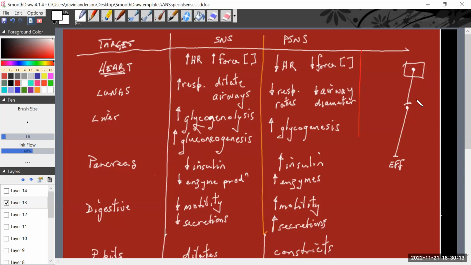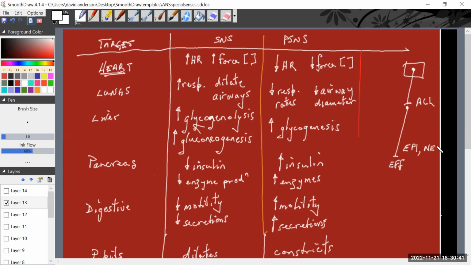So the neurotransmitter between the first and the second neuron in the pathway is the one we're already familiar with, acetylcholine. But the neurotransmitter that is going to activate the effector in the sympathetic division is epinephrine or norepinephrine.